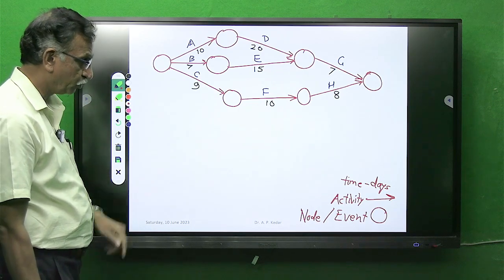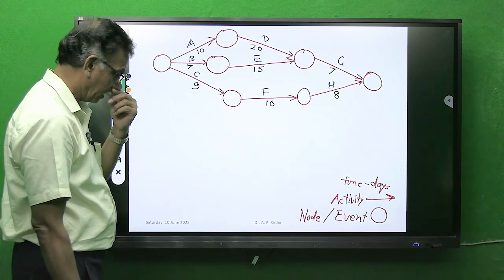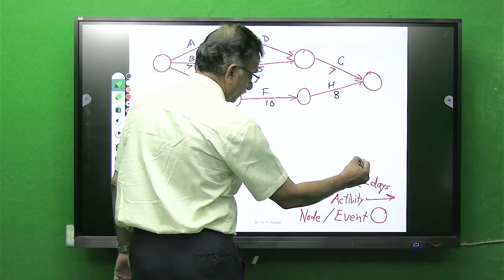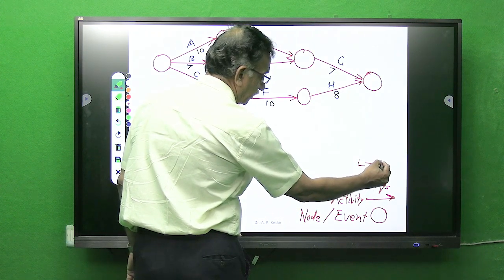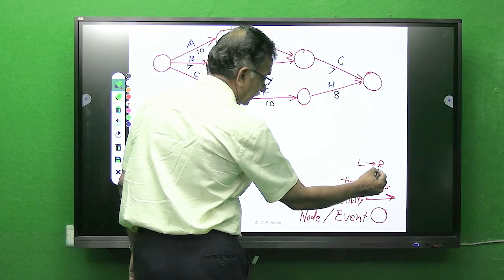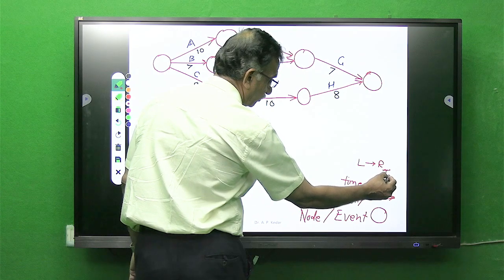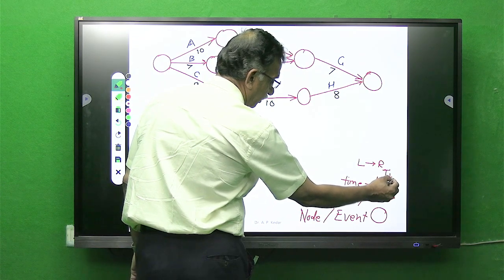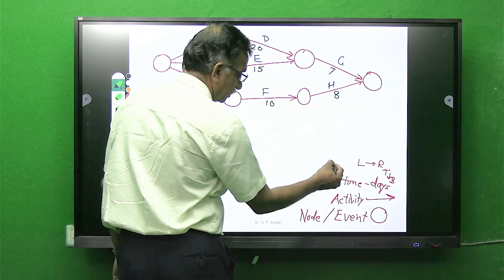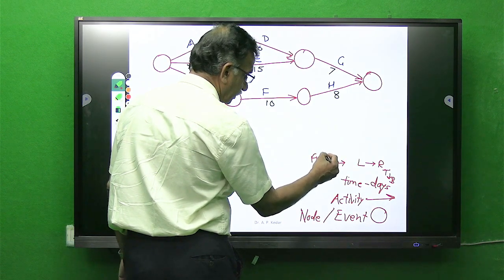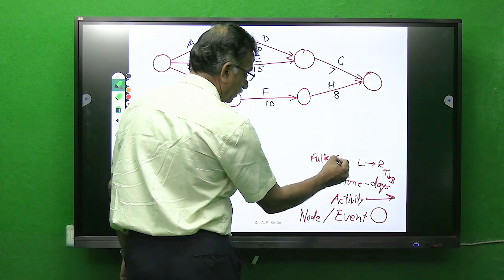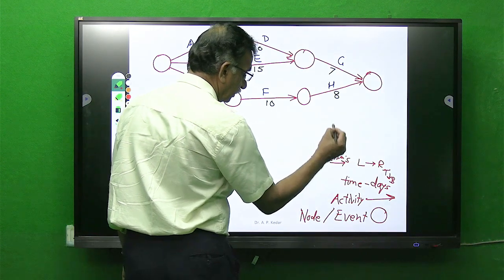So Fulkerson's rule, if you remember our yesterday's discussion, what I have said is start from left to right, and in second case go from top to bottom. So this was regarding Fulkerson's rule for numbering the events.